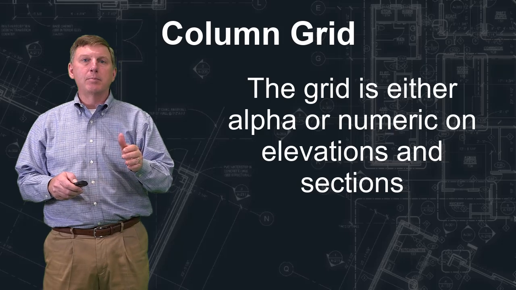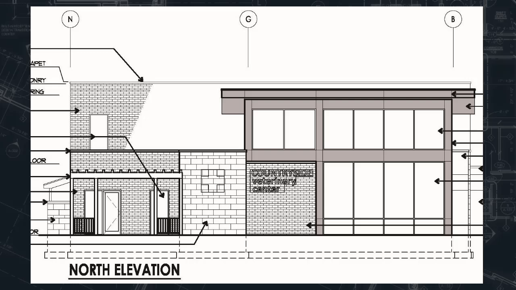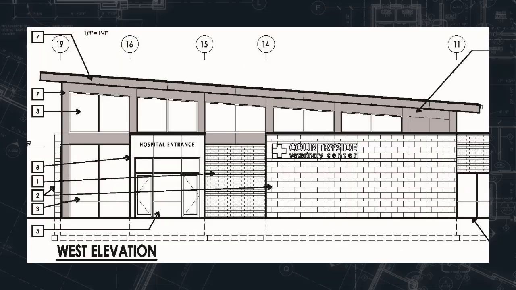Now the column grid, it's alphanumeric on the plan, but when you pop up into elevations, since you can't see all the columns in the elevation, you only see what is out in front of you, you'll either only have alpha on one elevation or numeric on the other elevation, depending on which direction you're looking at.